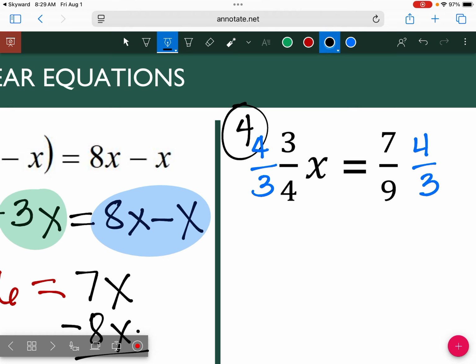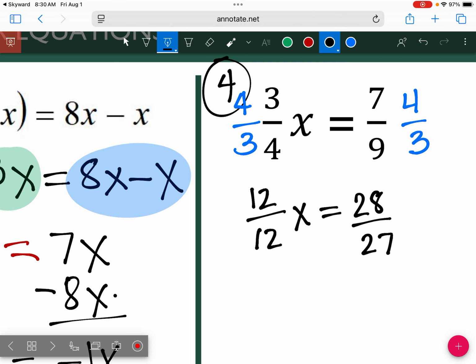So when I do that, this becomes 12 over 12, and this is 28 over 27. But 12 divided by 12 is 1. So it's just x equals 28 over 27.